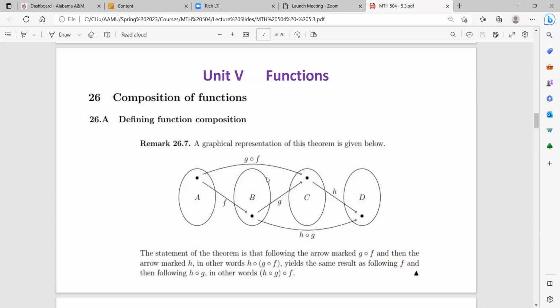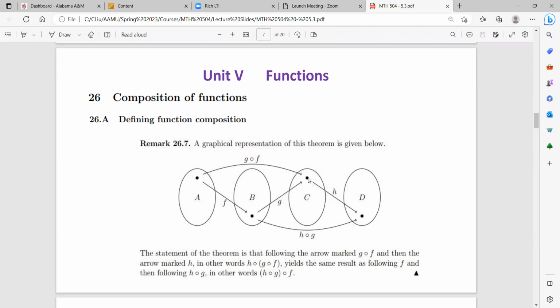If you compose G with F first, then it means you just have a mapping from A to C directly. If you start from the same element in set A, you map to a unique element in set C, because F, G, H, they are all functions.